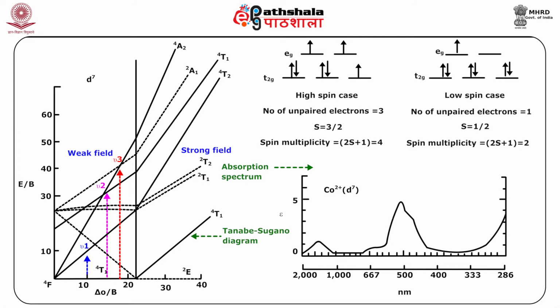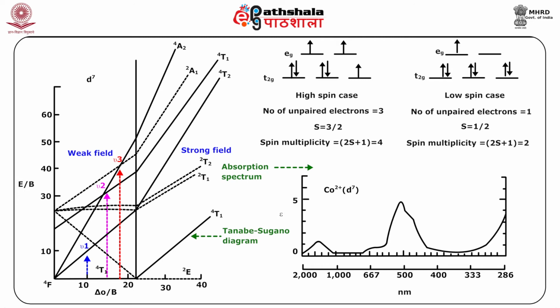In this case, the free ion term of the ground state is 4F, which splits into 3 states of the same spin multiplicity, namely 4T1g, 4T2g, and 4A2g. The next higher term of the same spin multiplicity is 4P, which transforms as 4T1g in the presence of the weak ligand field.